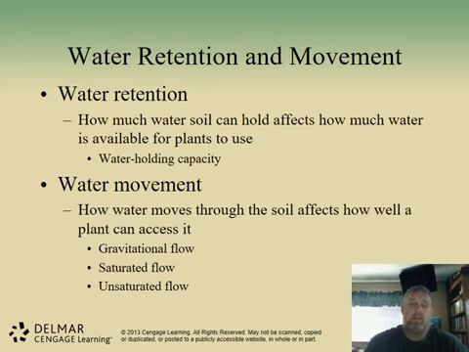And then, as we talked about just a few minutes ago, water movement throughout the soil. There are a couple different ways water moves. We have the gravitational flow, and that's when we've, again, overfilled, oversaturated our soils, and we allow that water to flow downward. We have saturated flow and unsaturated flow. These are just ways that water will move, either down gradient or side to side.